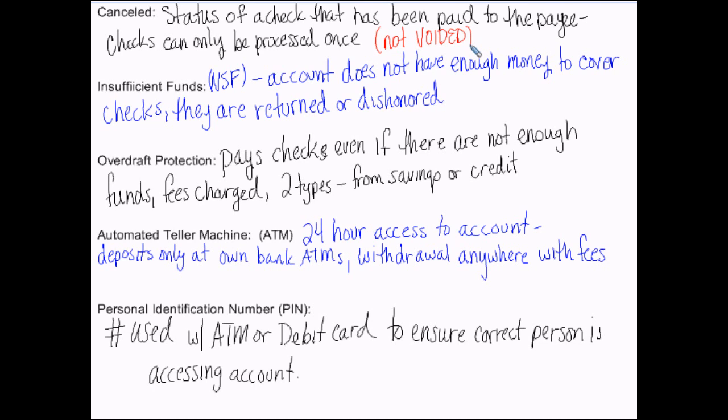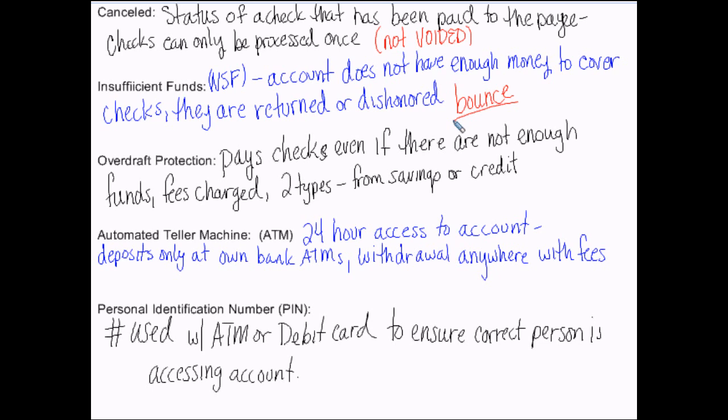Okay, insufficient funds, also NSF, you'll see that, is when your account does not have enough money to cover the check. They are returned or dishonored, or they bounce. That's what happens when, let's say you write a check for $100 and you have $20 in your account. It hits your bank, you only have $20 in your account, your bank says no way.